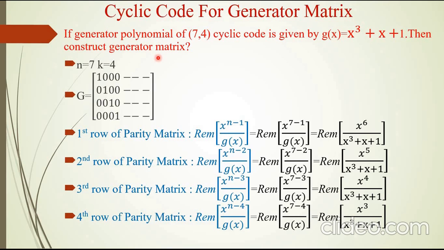Ultimately, as we know, a (7, 4) code means n equal to 7, that is total bits, and k equal to 4, that is message bits.